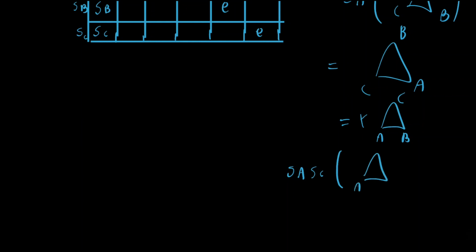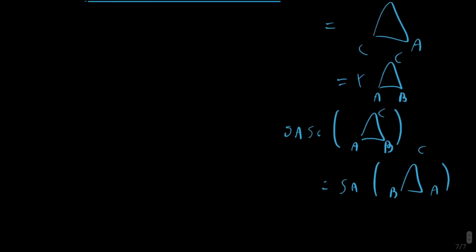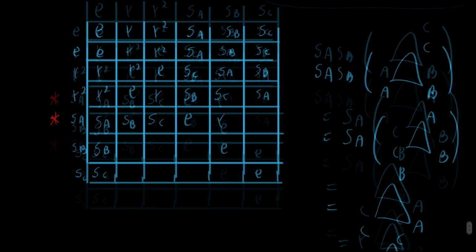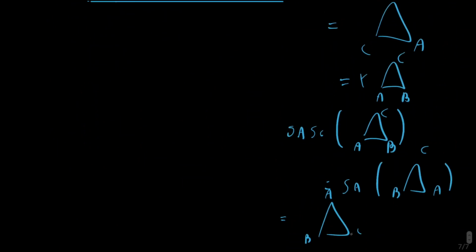And let's see SA times SC. So it's of the same triangle as before. It will be SA of C and BA switched. So reflected, and the result of this reflection will be B, and then here A, and here C. So in this case, notice that starting from the initial triangle ABC, we got a 240 degrees counterclockwise rotation.